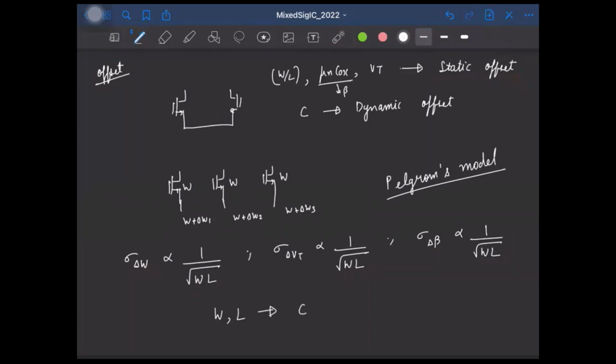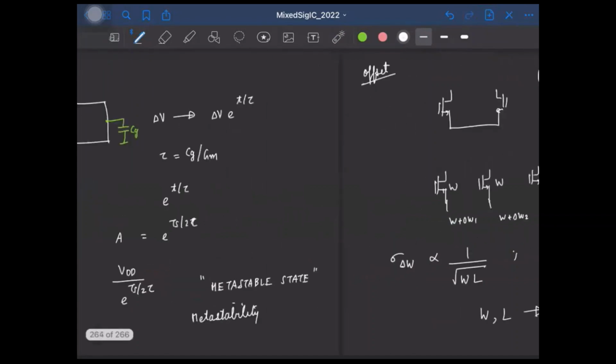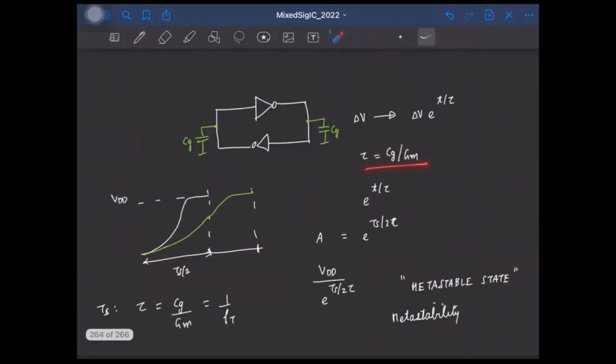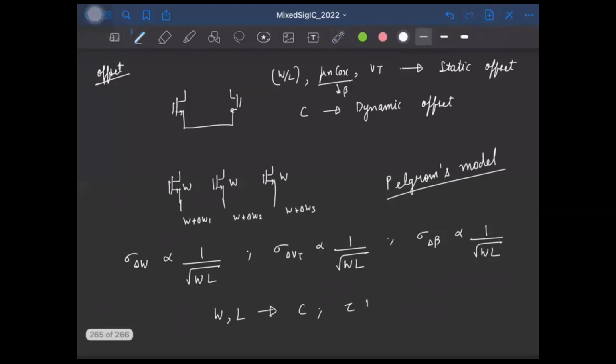So which means the time constant tau that we saw here, that will also increase. Okay, so which means the speed of the latch will also reduce. Okay, so obviously this is not a great solution if you want to have a faster and faster ADC. So let us see if there is a better way to deal with this offset.